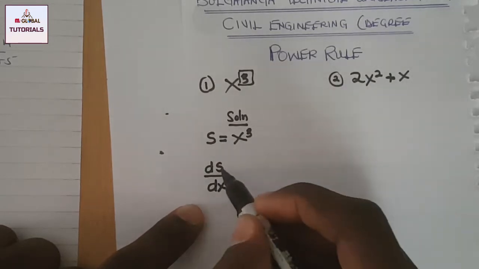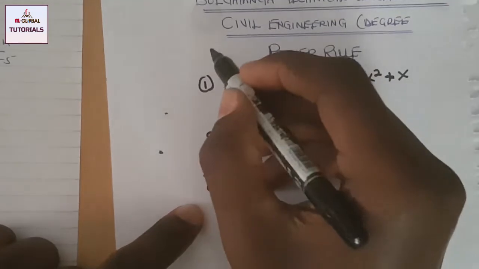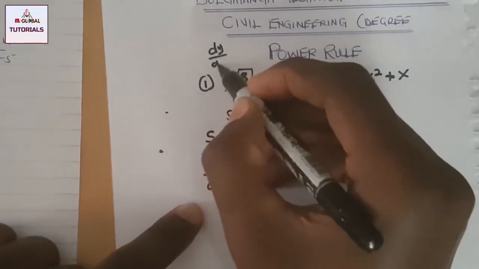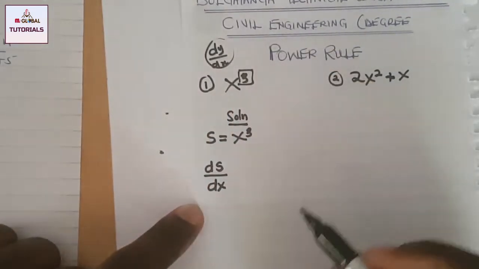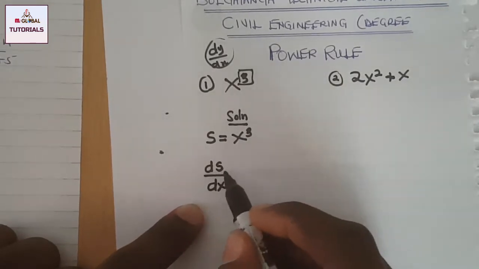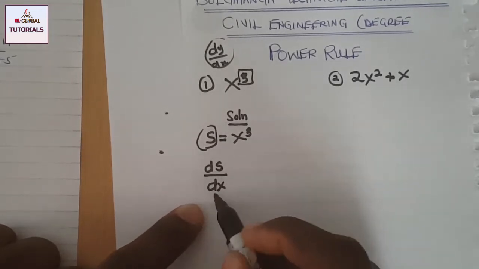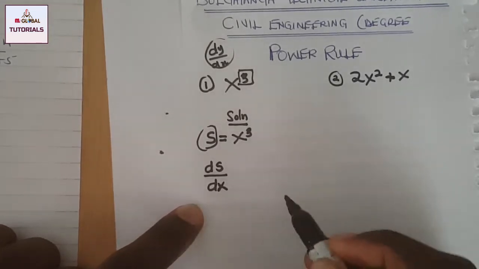You see that I keep saying y because we normally say dy over dx. But for this kind of question, the function here is not y, it is s. So it is ds over dx.